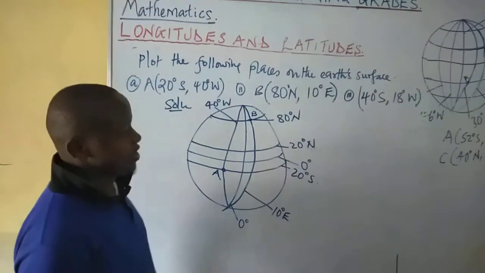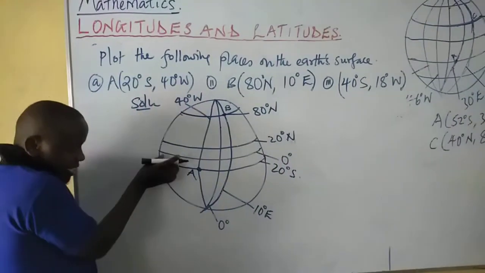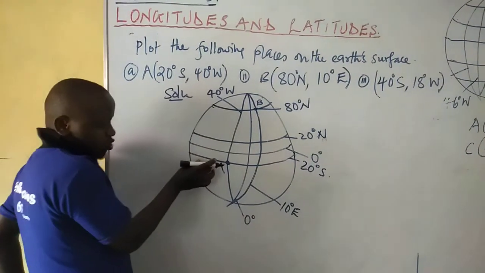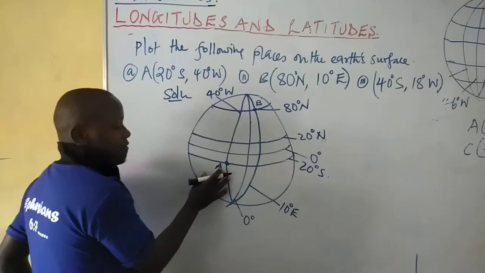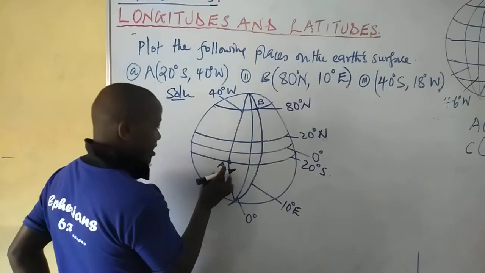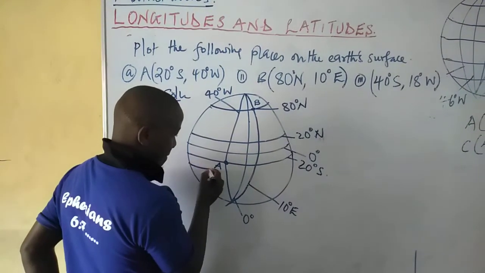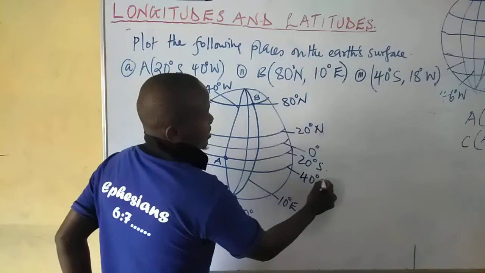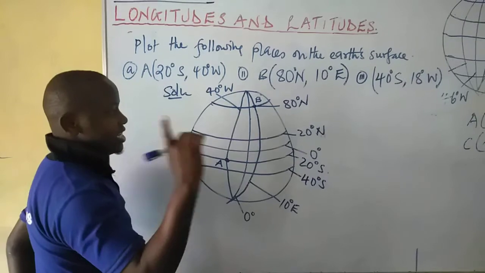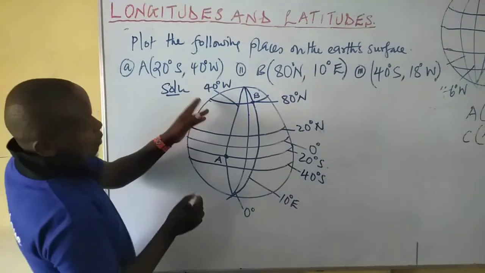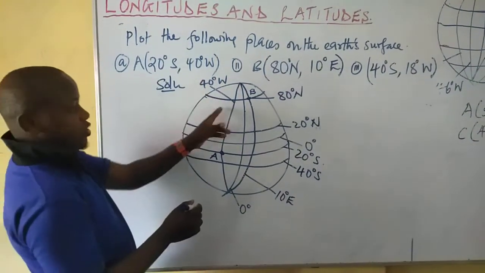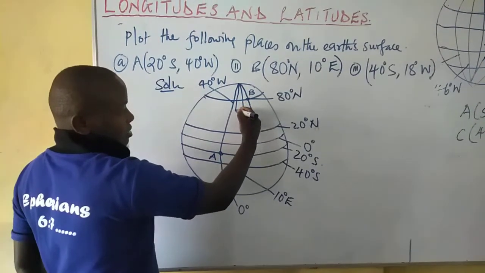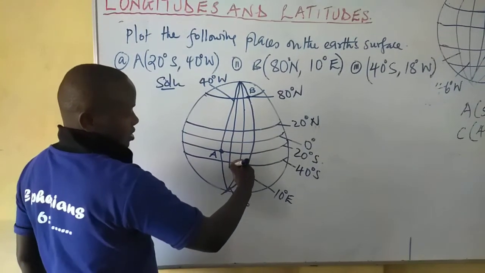Then lastly we have C. Town C is 40 degrees south. So if this is 0 degrees, the equator, and this is 20 degrees, then we can have the latitude with 40 degrees here. 40 degrees south and 18 degrees west. So remember we had already plotted 40 degrees west, meaning just 18 degrees is somewhere before the 40.